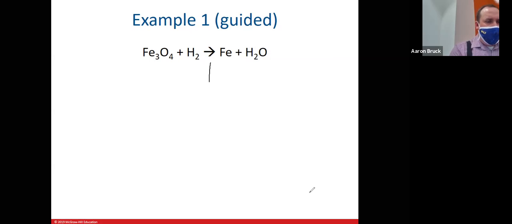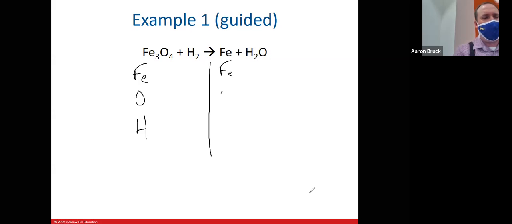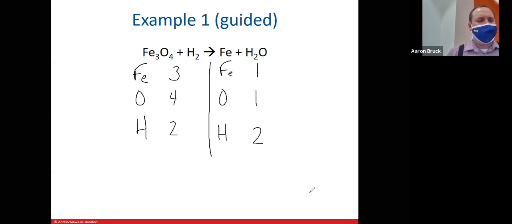I'm going to draw a line between the reactants and products, and I'm just going to monitor how many of each type of atom there are on each side of the equation. So on the reactant side, I have 3 irons, 4 oxygens, and 2 hydrogens. On the product side, I have 1 iron, 1 oxygen, and 2 hydrogens.